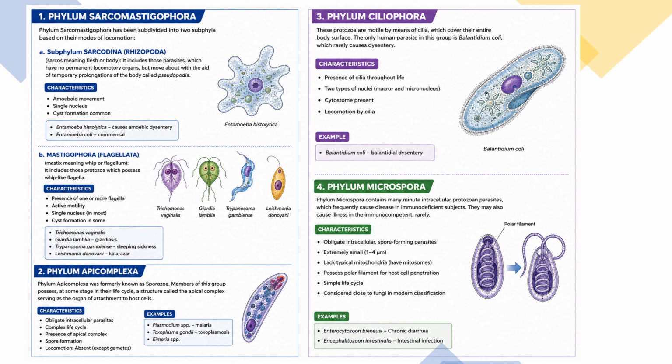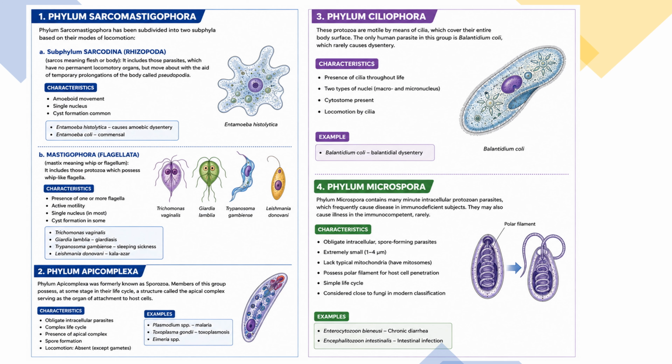Now the third one is phylum Ciliophora, and these protozoa are motile by means of cilia which cover their entire body surface. The only human parasite in this group is Balantidium coli, which rarely causes dysentery in humans.